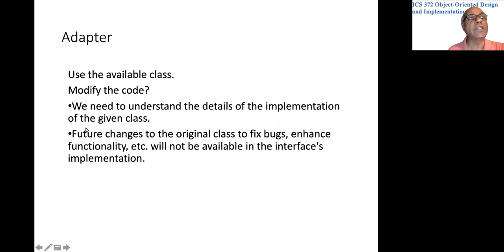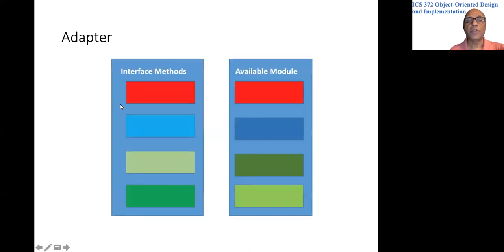Instead, we want to use the binary version, the executable version, or the bytecode version as far as Java is concerned. We don't need to understand the internals of the code. We just need to know what each method does, nothing more. So viewed in a different way, let us say our interface requires 4 methods to be constructed.